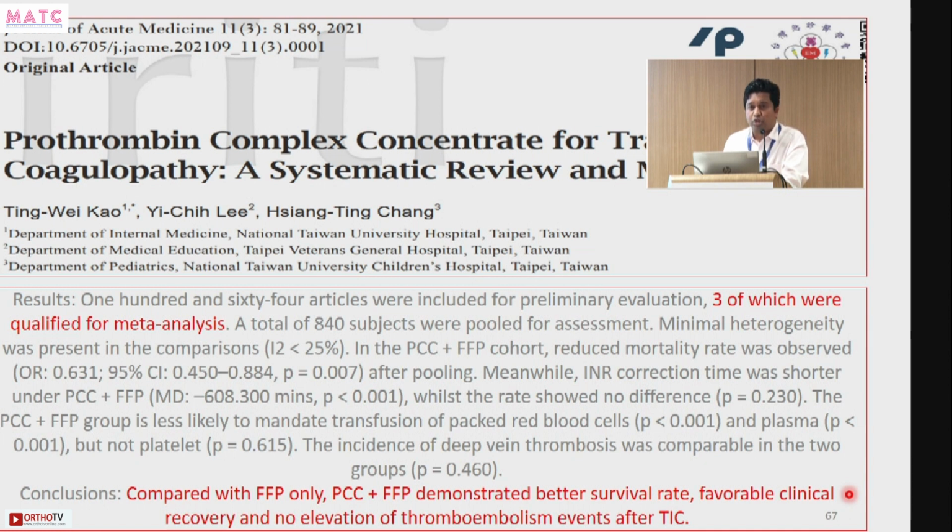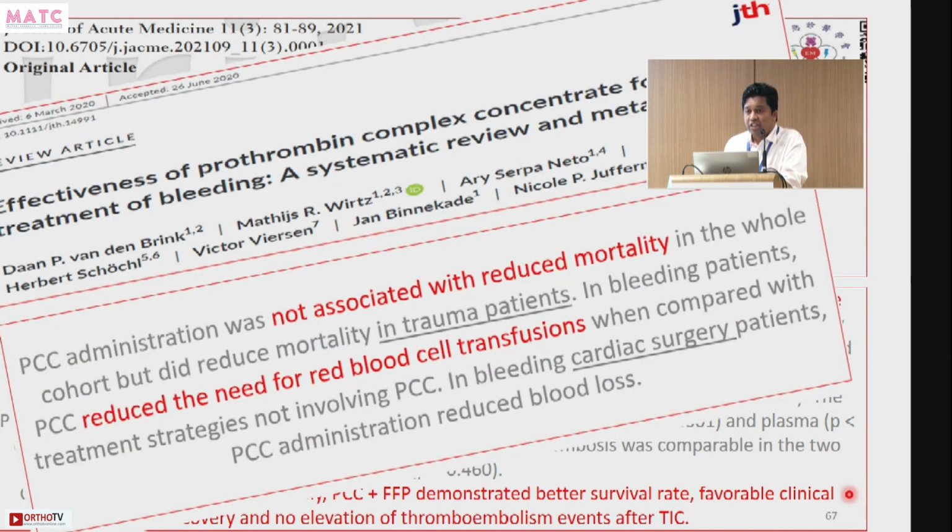When you push to a situation where the coagulopathy is not settling or the bleeding is not stopping, you have to use prothrombin complex concentrate. These are costly interventions, but it is now being supported with evidence that use of these blood products has helped in reducing the need for blood transfusion. Though it has not improved the mortality, definitely it has reduced the need for blood transfusion and has improved the outcome for a shorter interval.